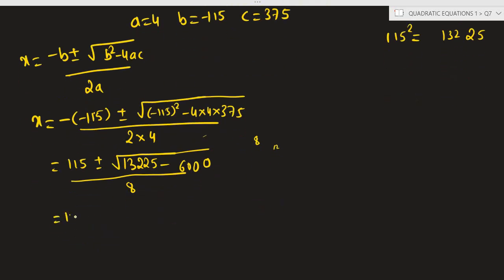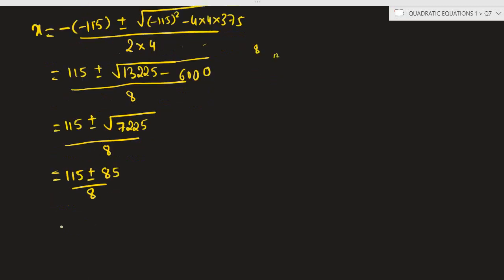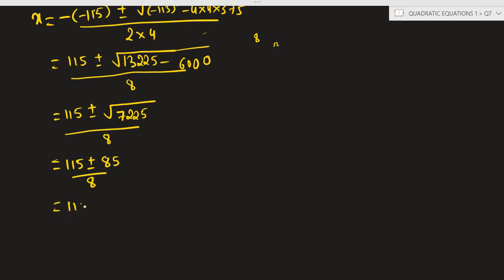This is 115 plus or minus root 7,225. Just now we had calculated root 7,225 is equal to 85. So 115 plus or minus 85 divided by 8. To take this, 115 plus 85 divided by 8 or 115 minus 85 divided by 8.